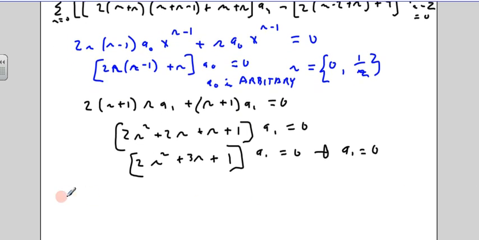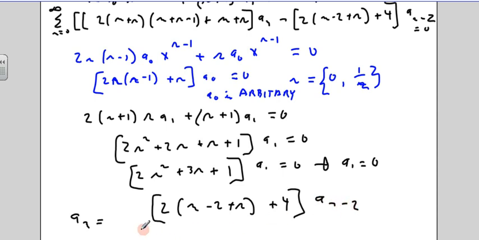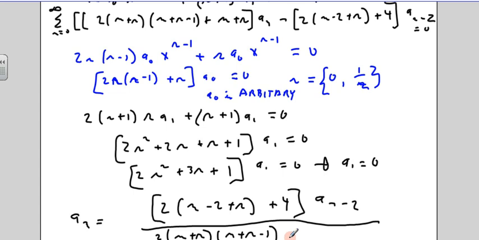So my recurrence formula is going to be an is equal to (2(n minus 2 plus r) plus 4) an minus 2 divided by 2(n plus r)(n plus r minus 1) plus (n plus r).